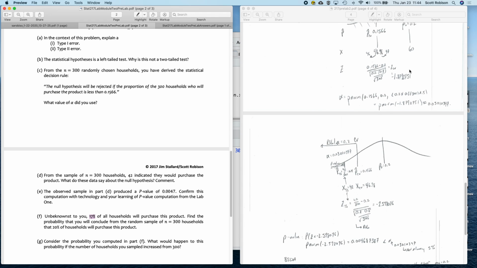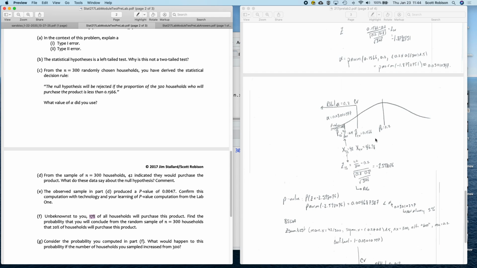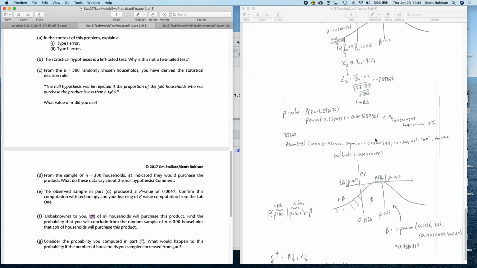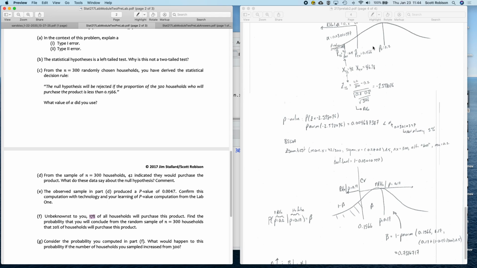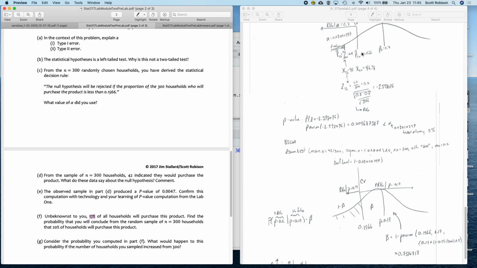And then we found critical values. But what happens if the center of the curve really isn't 0.2? What happens if the center of the curve is actually 0.17, if that's really the real truth? So here, the curve that was based off your null hypothesis will develop the critical value as well as what alpha is.